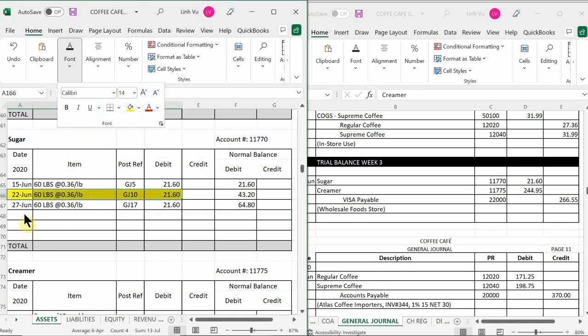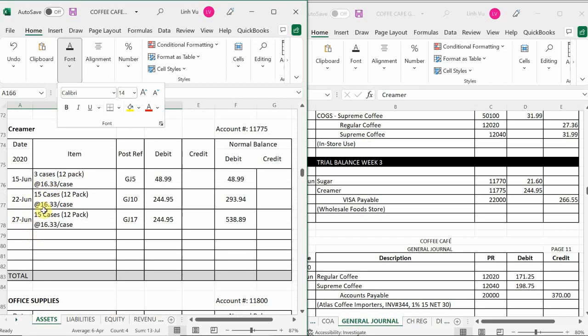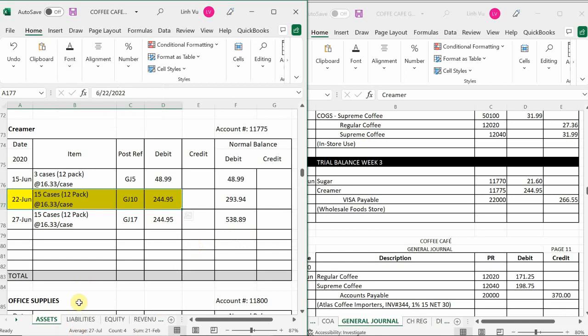So highlight that, and then the creamer, right? We entered it in. Let's see, was it $244? Yes, $244.95. Okay. And we put it in our Visa payable liabilities.